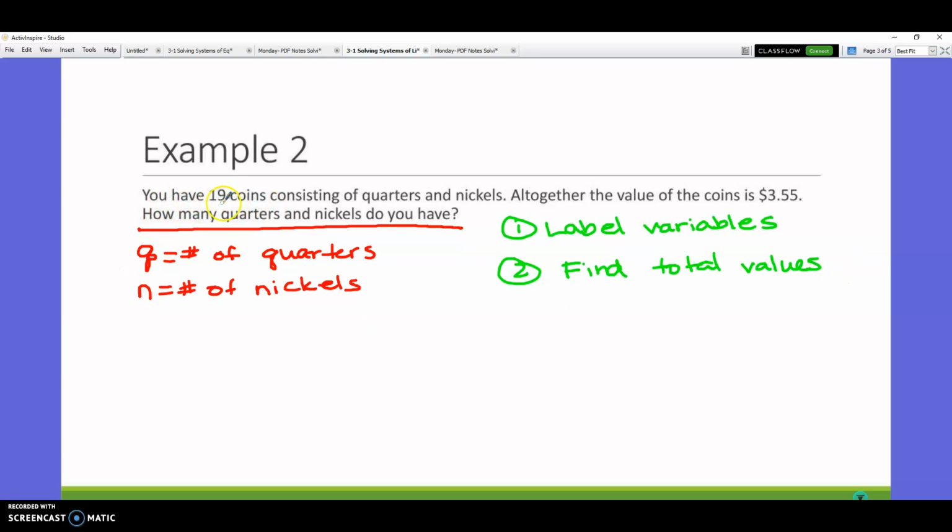In here, you have 19 coins. That's not a part, that is a total. Consisting of quarters and nickels. Altogether, the value of the coins is this. This is another total. So, I'll have two equations. One will equal 19. Another one will equal $3.55.